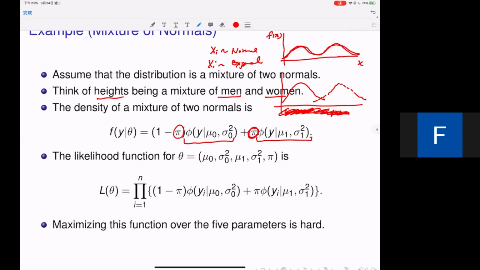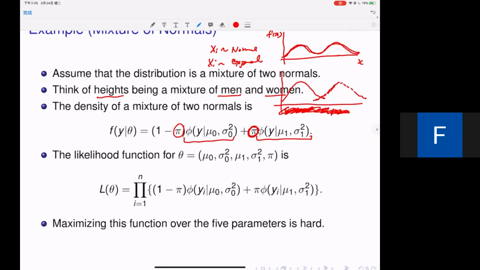That means there's a probability of pi coming from this one, and a probability of 1 minus pi coming from this one right here. So I can write my PDF of y as a linear combination, or mixture, of two PDFs. The two normal PDFs have different means, mu0 and mu1, and variances sigma square 0 and sigma square 1.